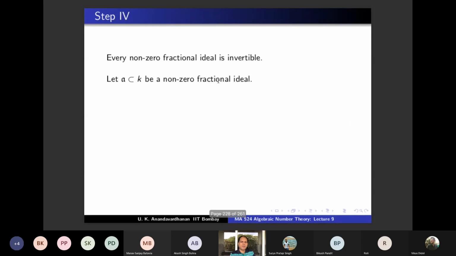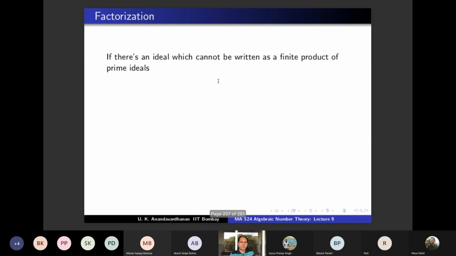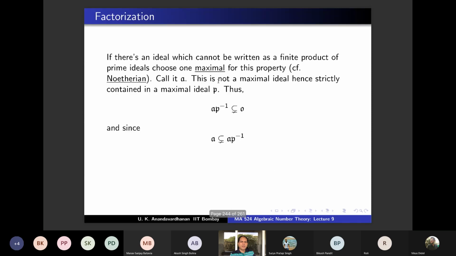So coming back, we have chosen A maximal for this property. Therefore, this A is not maximal, so it is strictly contained in a maximal ideal P. And because A is strictly contained in P, A times P inverse, P inverse and all we have already defined in the first part, is strictly contained in O. Why is this true?